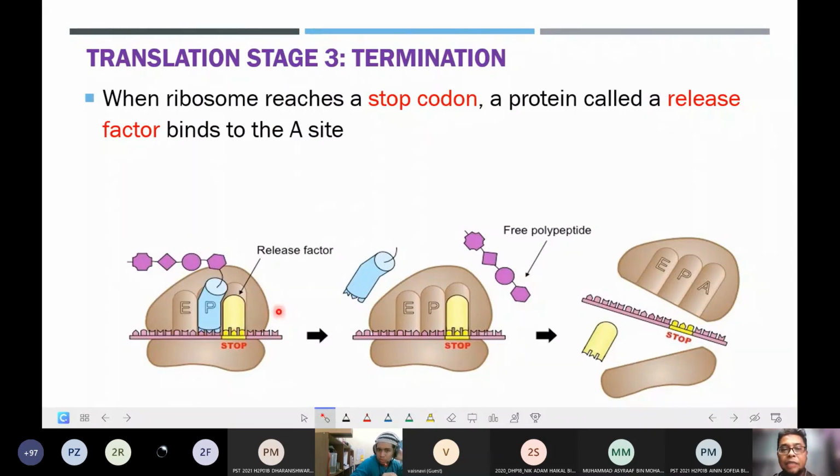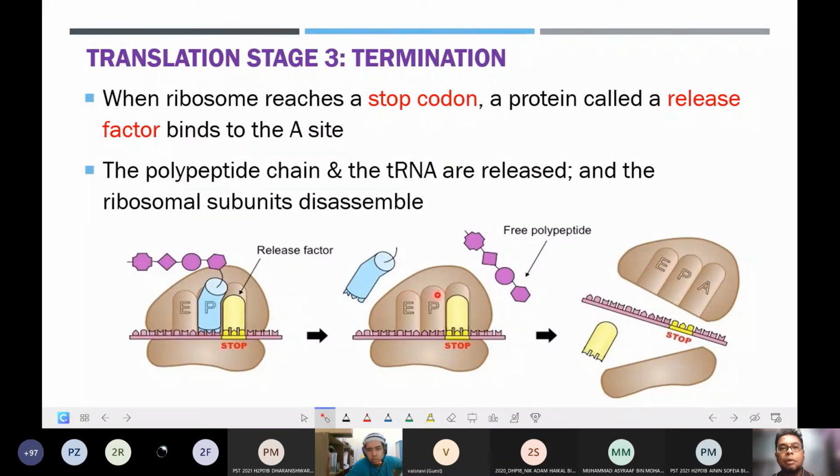Once the release factor binds to the stop codon, the polypeptide chain will be released from the ribosome. The tRNA will also be released, and finally the ribosomal subunits will all dissociate. The important thing now is the polypeptide chain is already produced. This is the protein molecule that is synthesized through this process of translation.